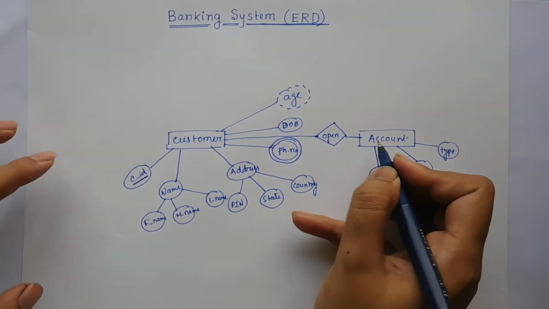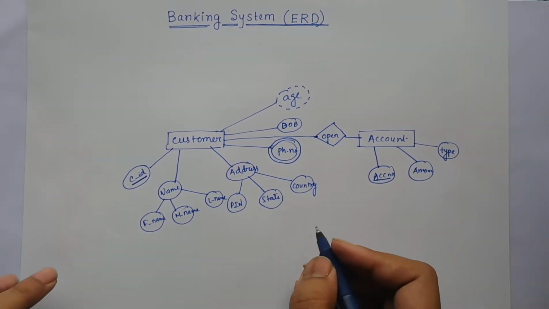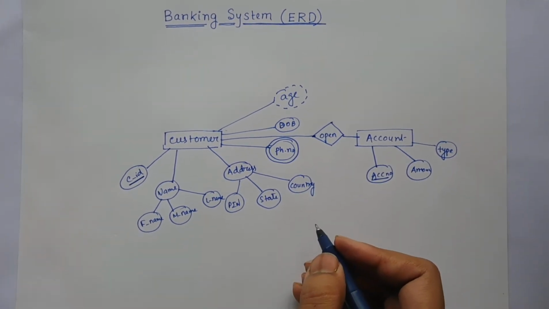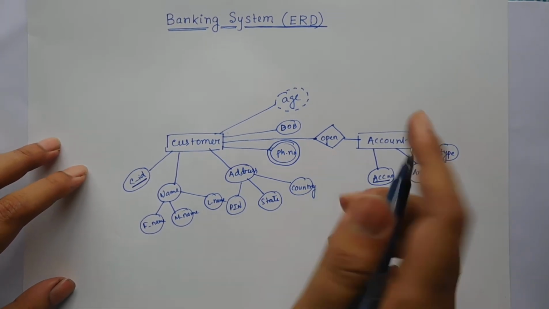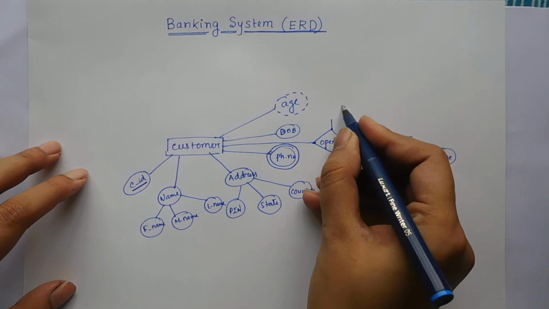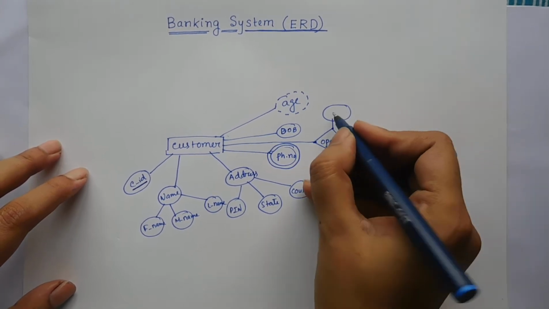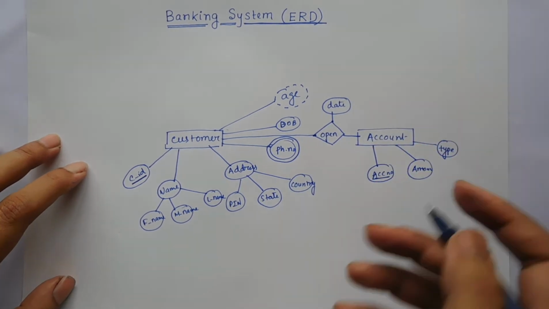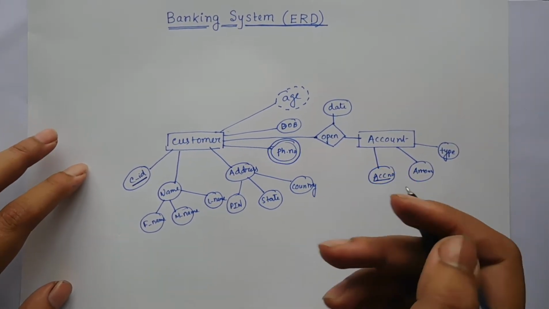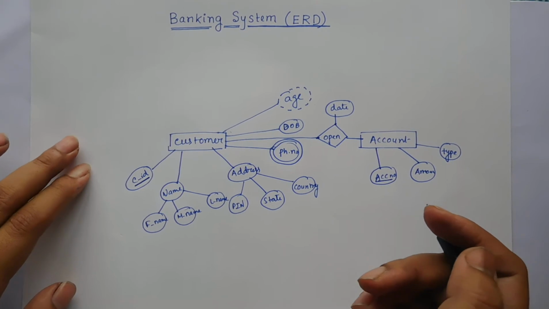Customer opens an account. Now we already said that the relation can also have attributes. So suppose opening date, this is the attribute of this relation, opening date.